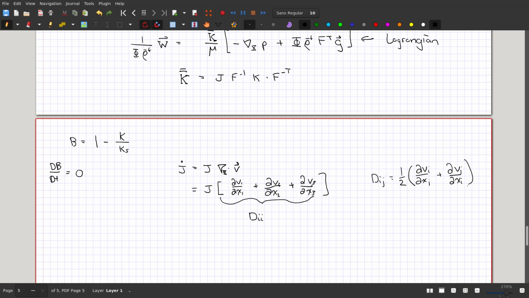And then you might remember from your homework assignment that in the small strain limit, D is approximately equal to the small strain rate.